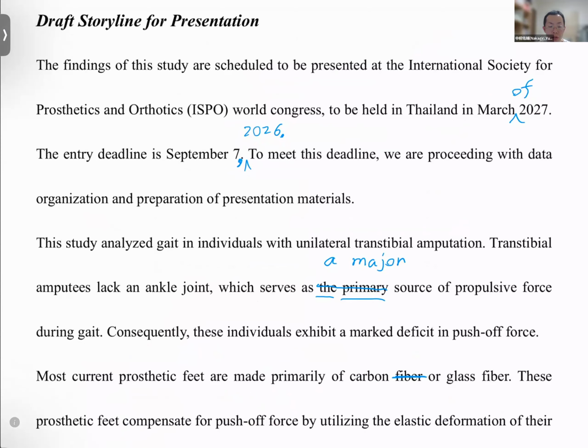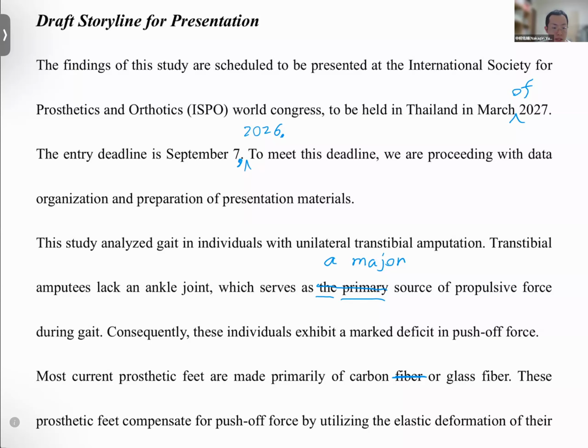Draft storyline for presentation. The findings of this study are scheduled to be presented at the International Society for Prosthetics and Orthotics World Congress to be held in Thailand in March of 2027.